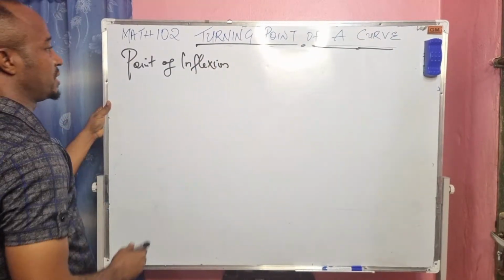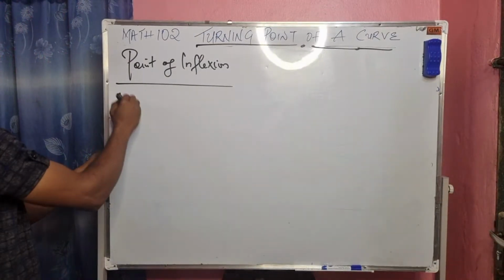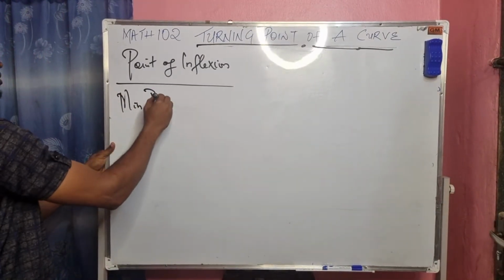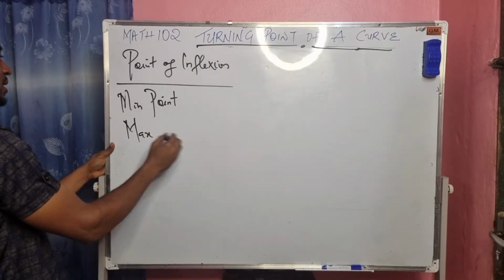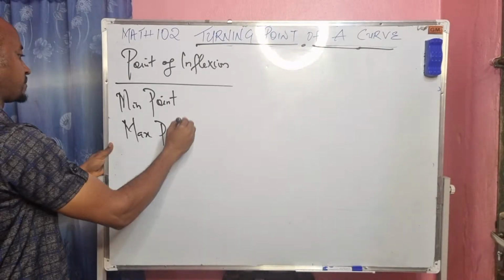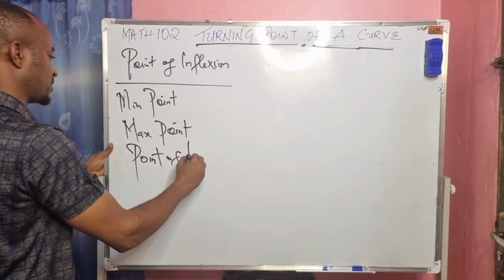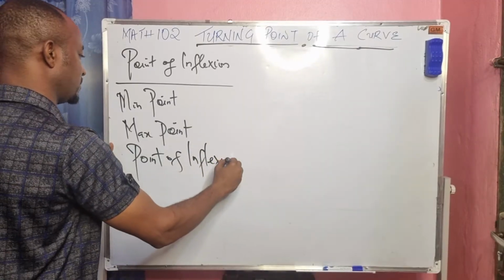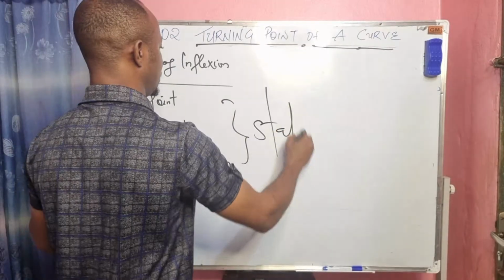We say we have 3 points of consideration in the curve. We have the minimum point, the maximum point, and the point of inflection. These 3 points are also called stationary points.